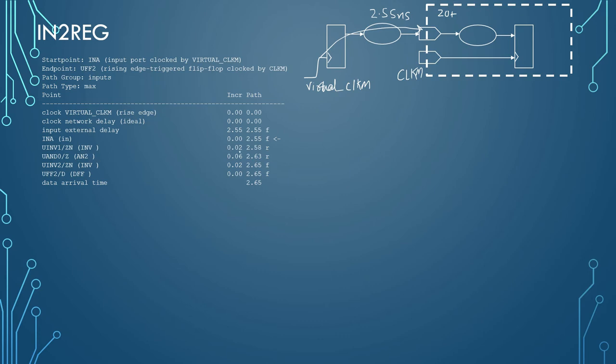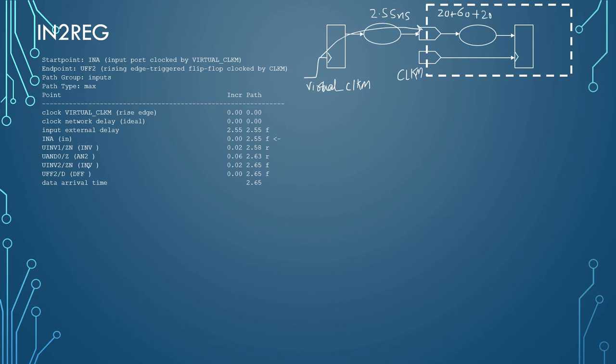This AND cell has a delay of around 60 picoseconds, so this 60 picoseconds also gets added. You can see that in the path column it is getting added also. So the total till now is 2.63. After that there is one more inverter with 20 picoseconds.